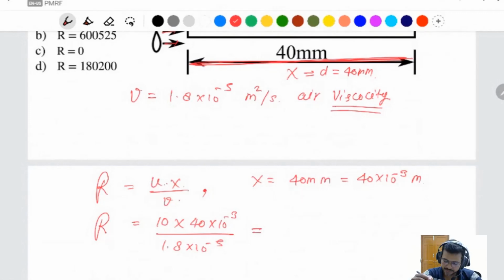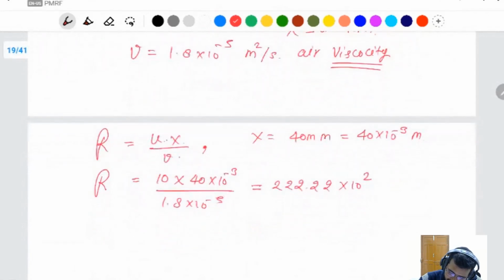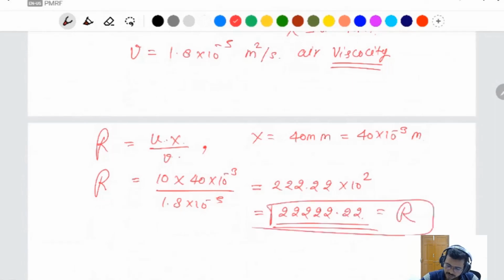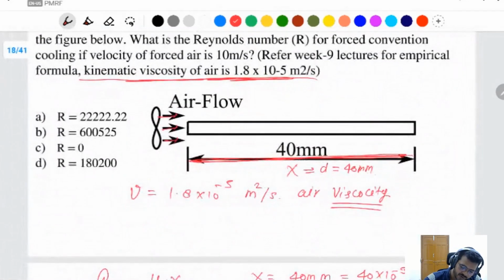You can calculate this one: 2.22 into 10 to power 5. Option number first.